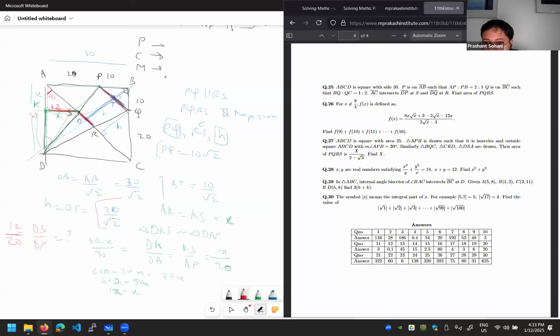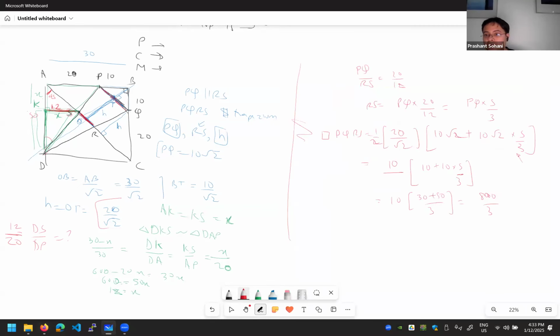And their answer for question 25 is 320. So their answer is 320 and my answer is 800 by 3, which is roughly equal, but obviously there is some gap here. So maybe I made some calculation mistake, but at least I hope you understood the method.